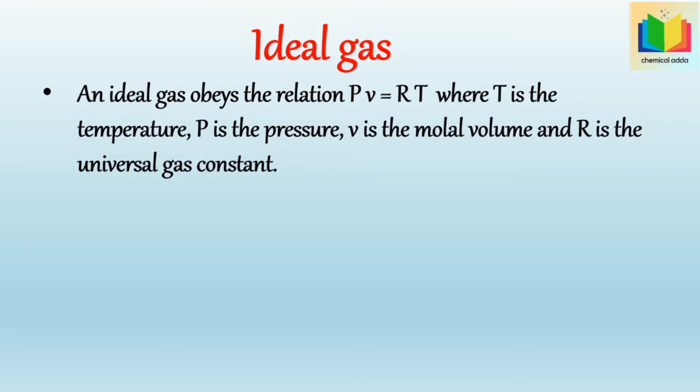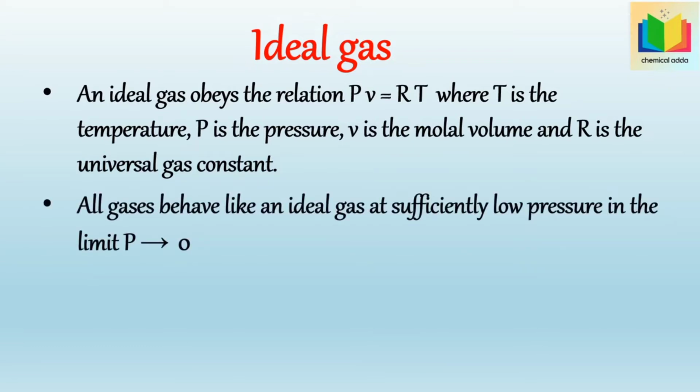But this relation is only an approximation to the actual behavior of gases. Hence, all gases behave like an ideal gas at sufficiently low pressure, in the limit P tends to 0.